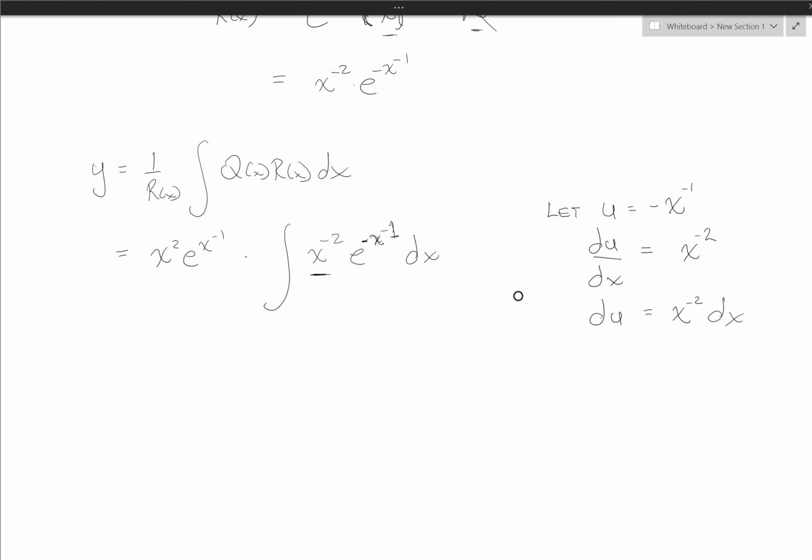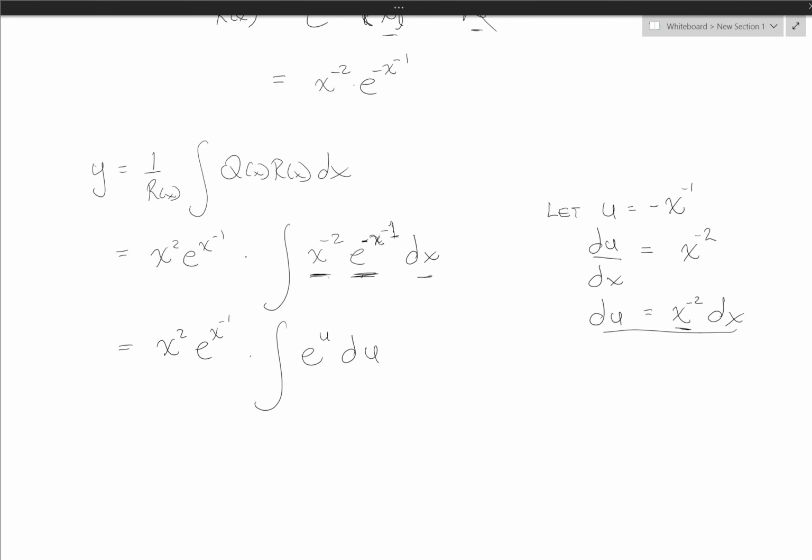Okay, so now we're going to do some subbing in. If du is this x to the negative 2 dx, then we just have e to the u, right? So let's put the x squared in here. x to the negative 1 times, now we have the integral of e to the u. That's this guy, and then x to the negative 2 dx becomes du, which we get from here.